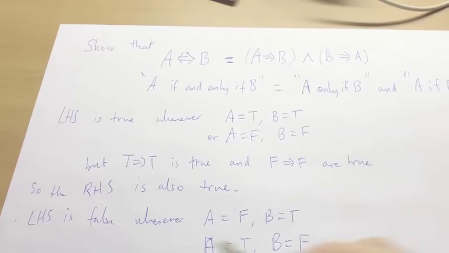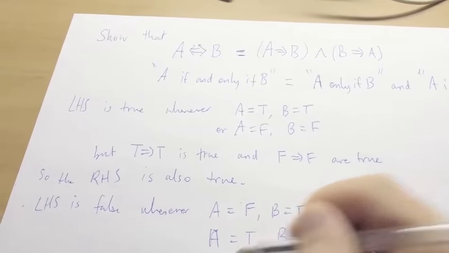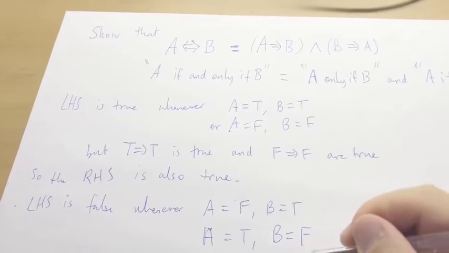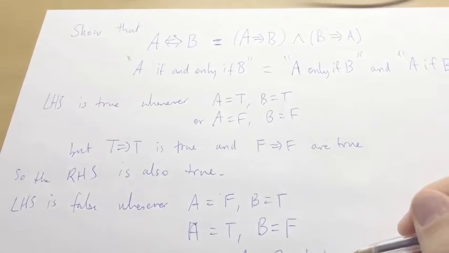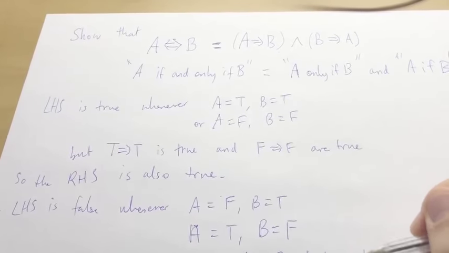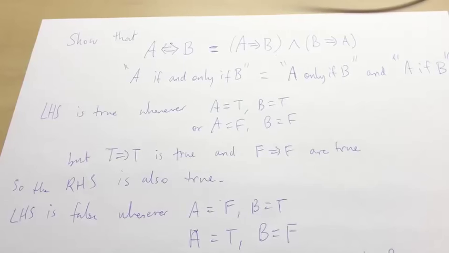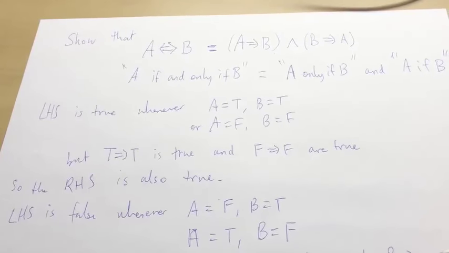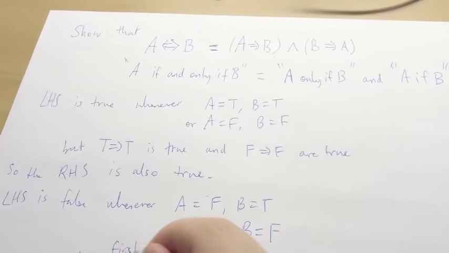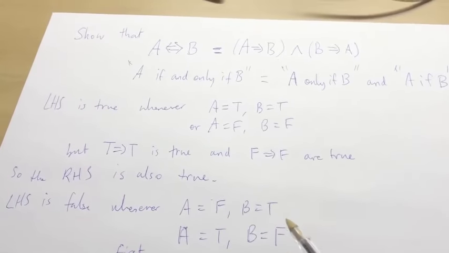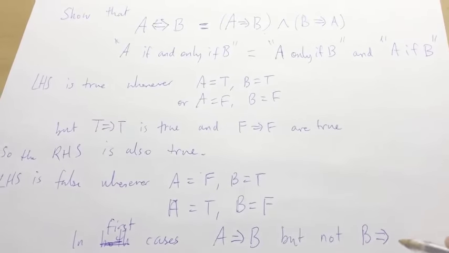So in both cases, A implies B but not B implies A. Sorry, in the first case, A implies B because false implies anything is true, but true implies false is not true.